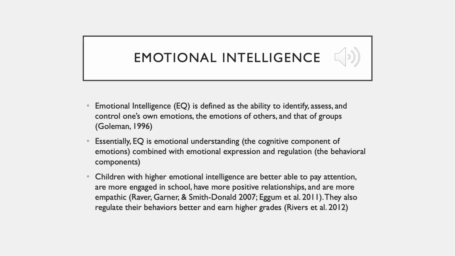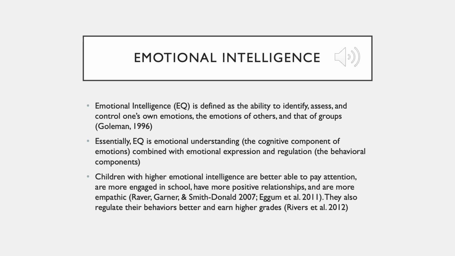Emotional understanding is that cognitive component of emotions combined with the emotional expression and regulation, so those behavioral components. So we also talked about the different essential components of emotions and how our behavior and our cognitive areas of our brains and bodies are important. So what emotions mean and our ability to express them.